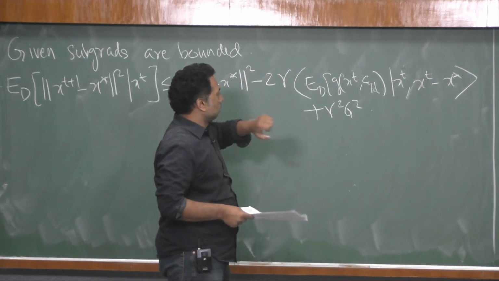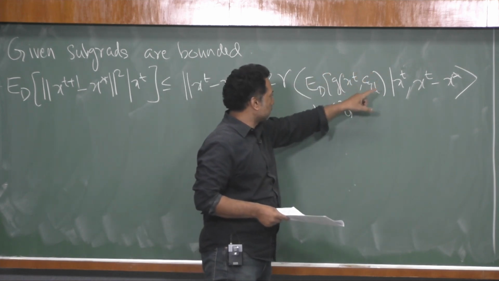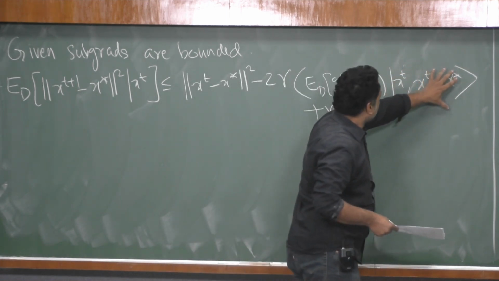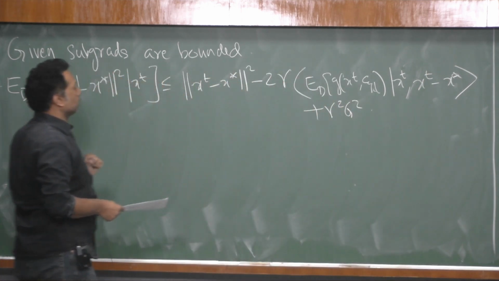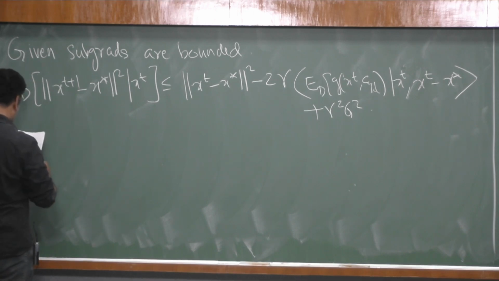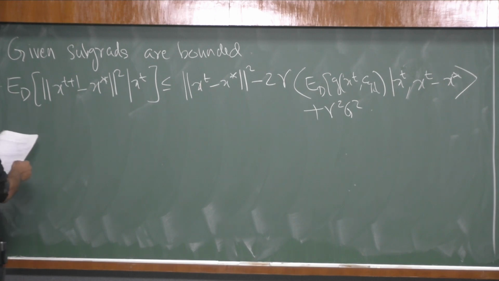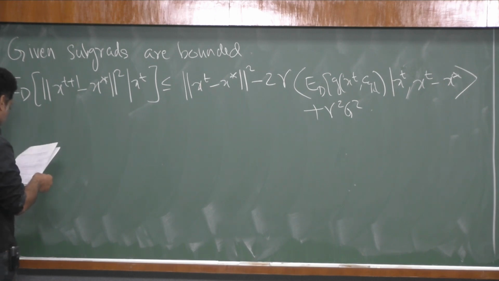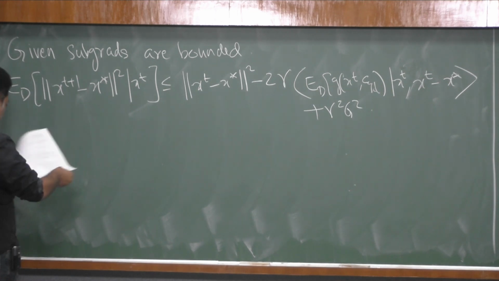So if f is mu strongly convex, the inner product with the subdifferential of f satisfies that mu strongly convex inequality, right? So this two-step thing will be needed here. Using this, we can basically copy over this lemma.